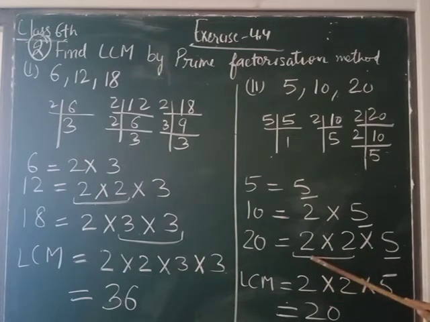The maximum power of 2 is 2 multiply 2, occurring in 20. So take 2 multiply 2. And 5 is occurring only one time, so we will take 5 only one time. Multiply 2, 2 and 5 for the LCM. It is 20.